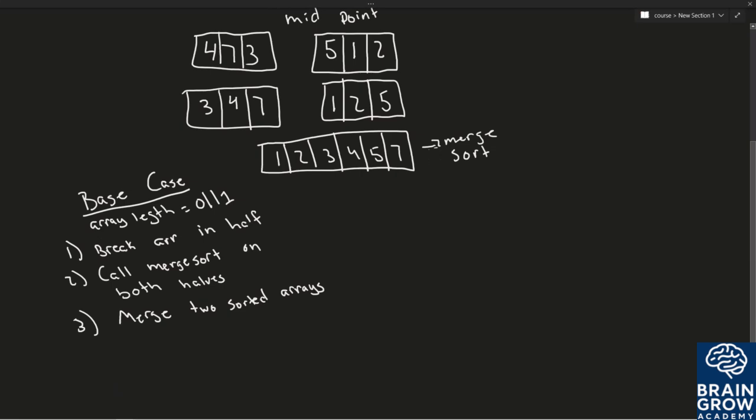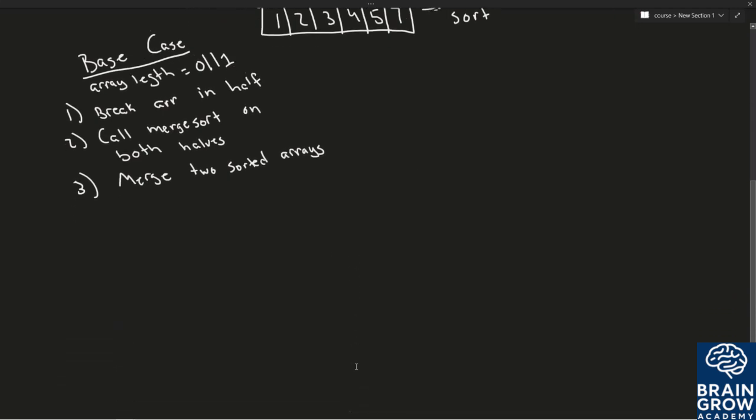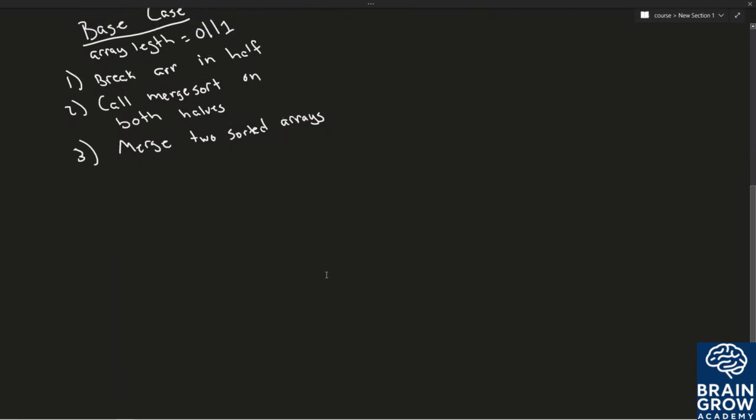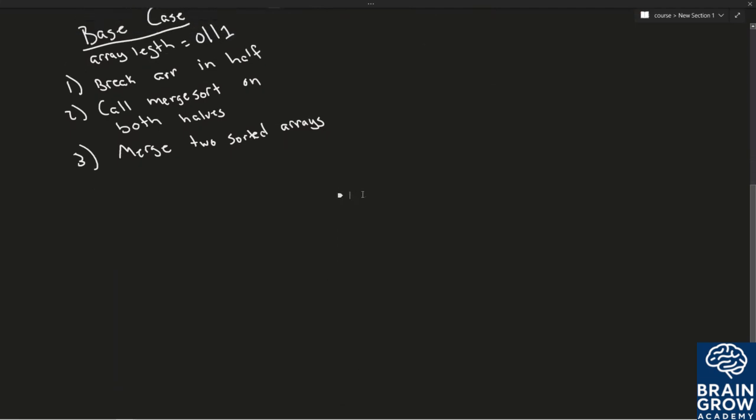Okay, so now let's look back at our initial example, because we want to see how this works throughout the entire process. Let's give ourselves some additional space down here, and let's leave our base case and everything, so we can see what we're working with.